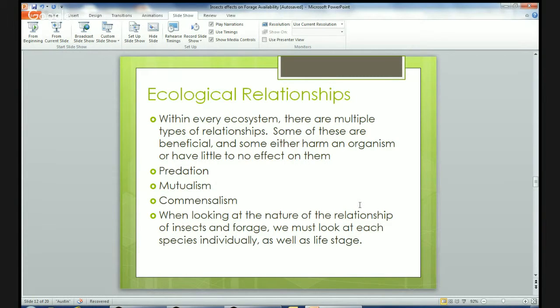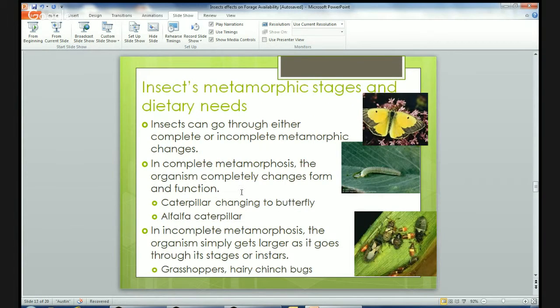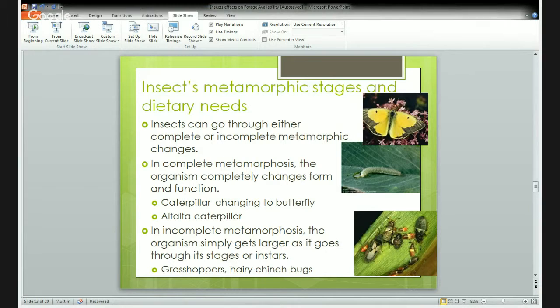If you're in South Korea, you might be dealing with different species than I am. And if you're in Australia, again, you might be dealing with different species than I am. So we're just going to talk about the gist and give you some ideas of where you can go. The other thing that we need to address is this whole concept of insects' metamorphic stages and dietary needs.